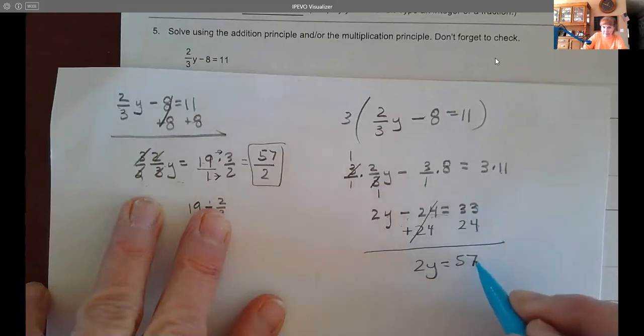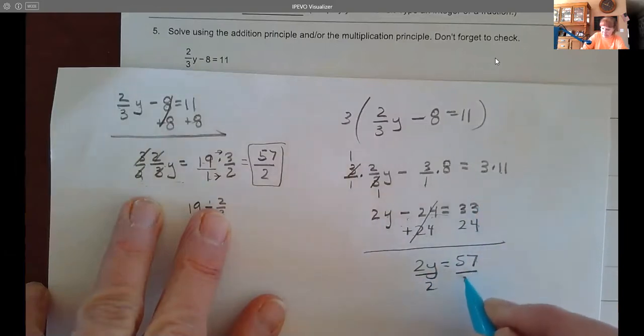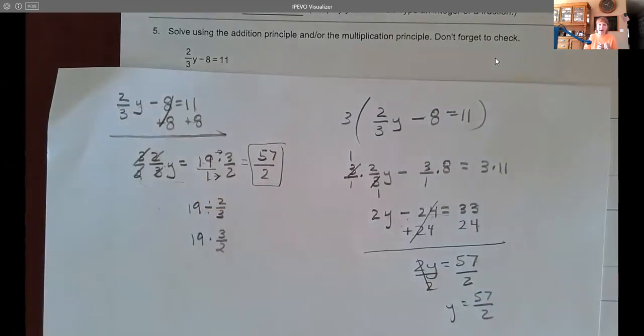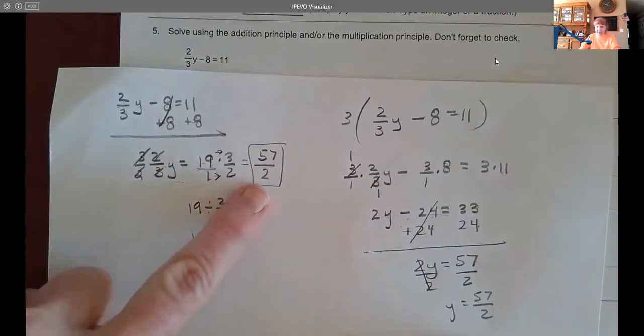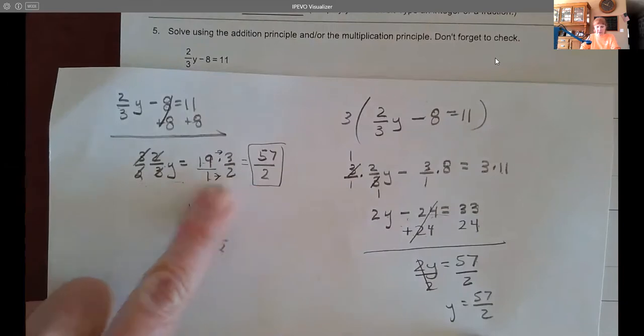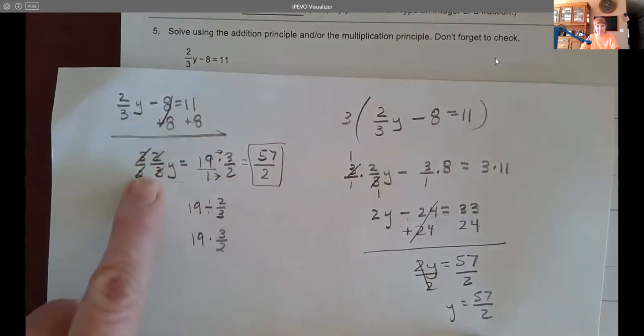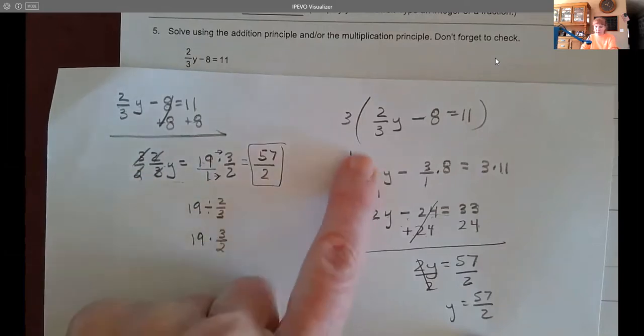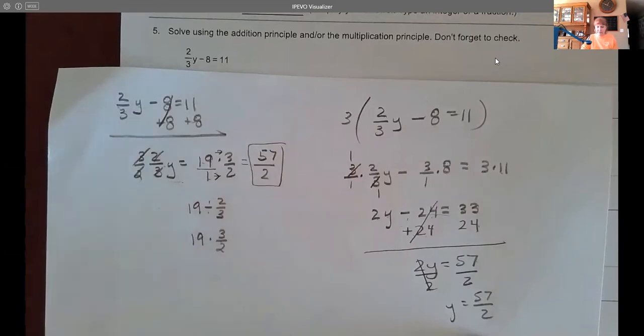Add those, divide by 2. Y equals 57 over 2. Now, last step, you divide to get rid of the 2. So as you can see, it's the same. All right. So, you can add 8 and then deal with the fraction in front by multiplying by the reciprocal, both sides. Or you can eliminate the fractions and deal with it there.